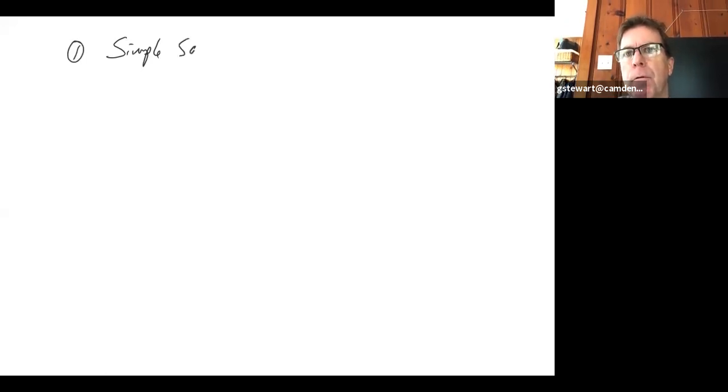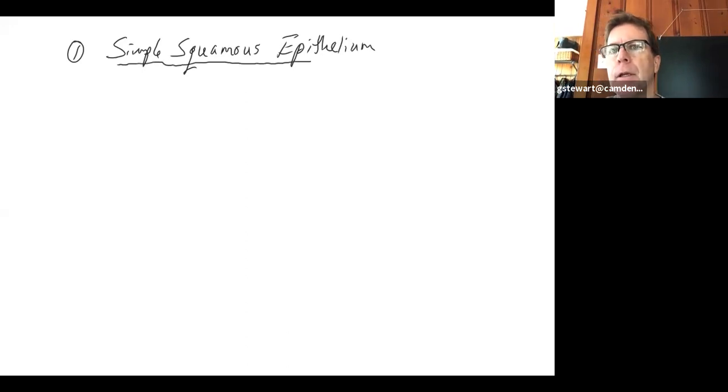Simple squamous epithelium. The name now tells us everything about this tissue. It's a single layer of flat cells that covers or lines a surface. There you go. Now you know what it is.